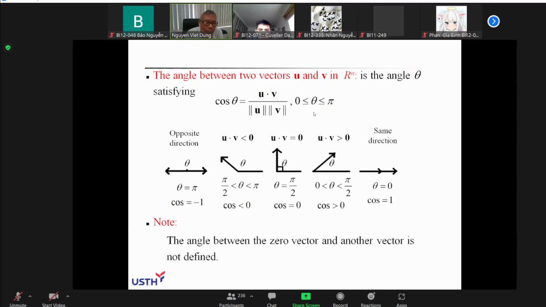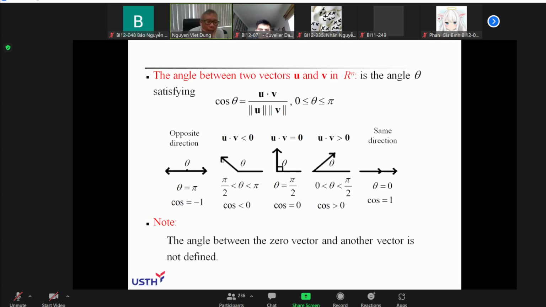And here we suppose that the value of theta lies between 0 and pi. And with that, we have 5 cases as here. The first case is the flat angle, góc bẹt, the case when two vectors show opposite directions.